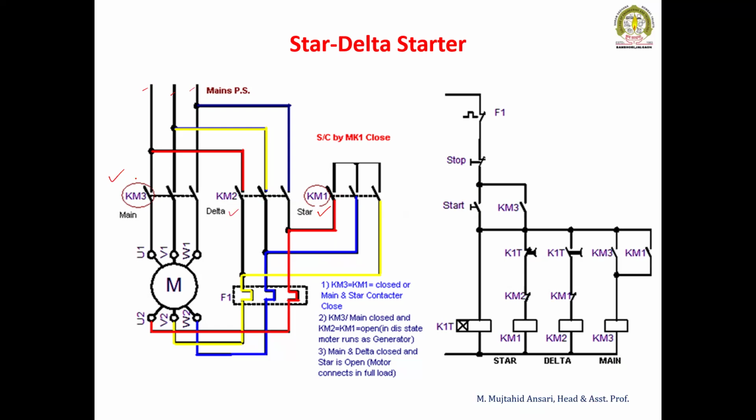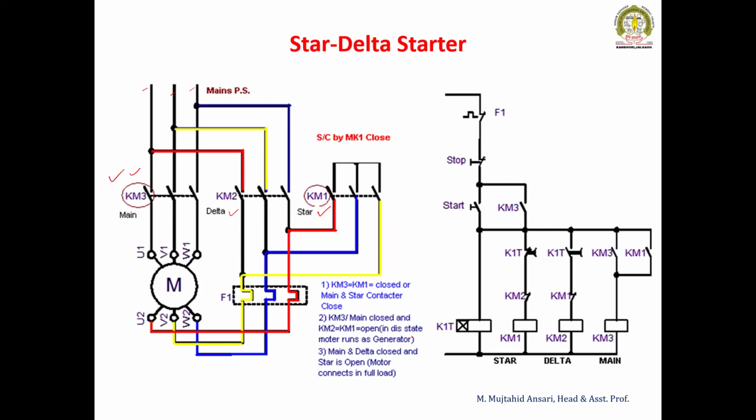So in the first instant, the main contactor and star contactor operate. After some time, the star opens and the delta closes. So it will make the motor run in delta. So this is the key diagram. Similar key diagrams are there, with contactors 1, 2, 3, and they operate in the same way.